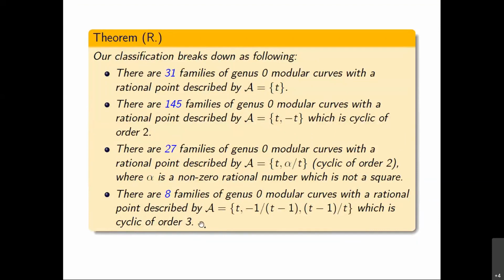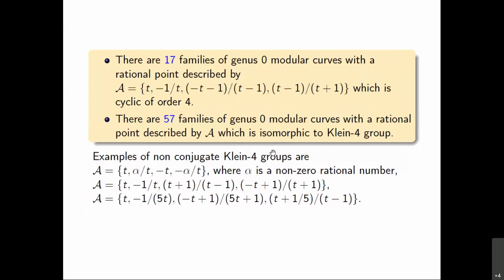And fancy A can be cyclic of order 3, given as this. This is unique up to conjugation. So everything can be put in this form. Fancy A can be cyclic of order 4, and up to conjugation it looks like this. And fancy A can be the Klein 4 group. But the Klein 4 group can have different kinds up to conjugation in PGL2(Q), and I have given some examples. So the classification breaks down.